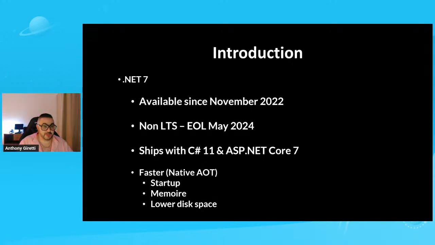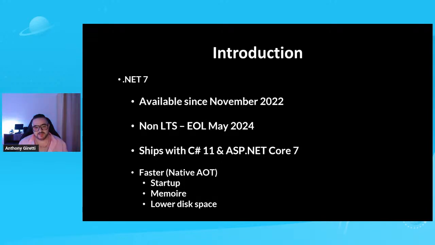And as you have probably heard before, it's a non-LTS version like .NET 5, and the end of life is May of next year, 2024. What could we say about .NET 7? Not that much. It's a very light update. It's a finished .NET 6.